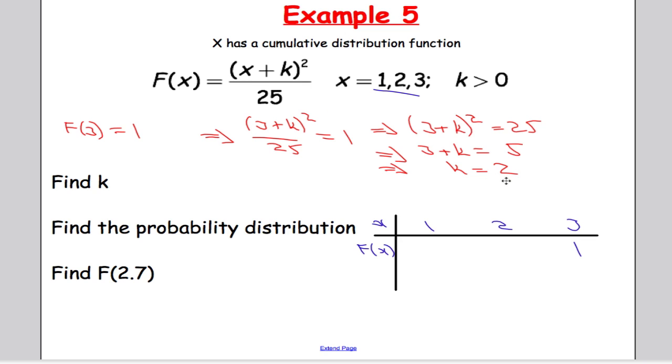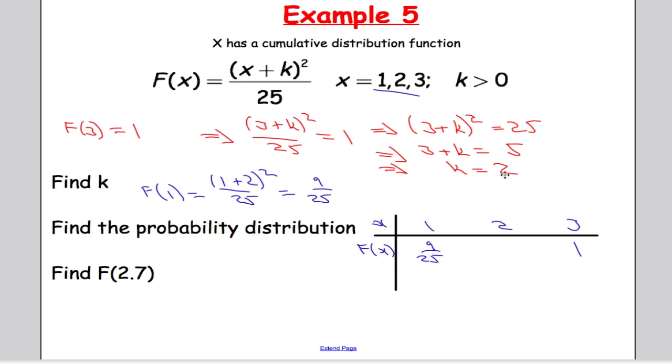The first value, well, we know that k equals 2, so let's work out f of 1. F of 1 will equal, well, x is 1, so you get 1 plus k, which is 2, squared over 25. 1 plus 2 is 3. 3 squared is 9. So we get 9 over 25. So I know the first value is 9 over 25.